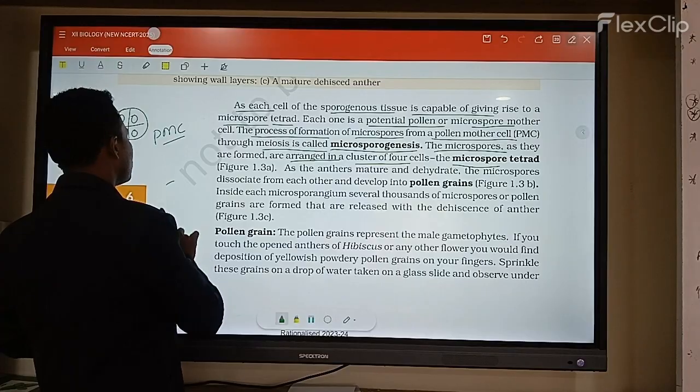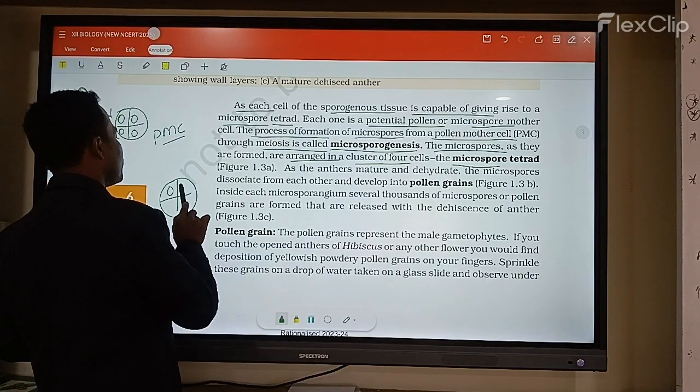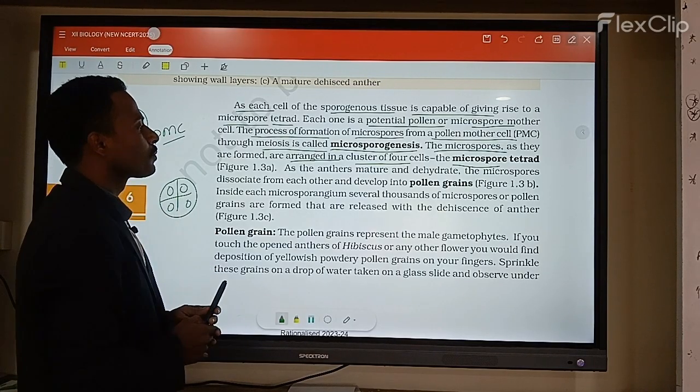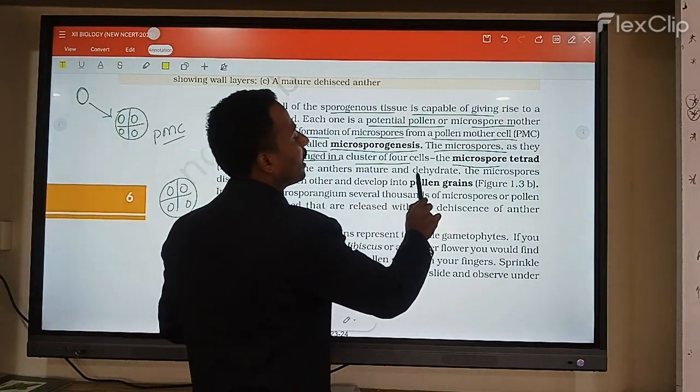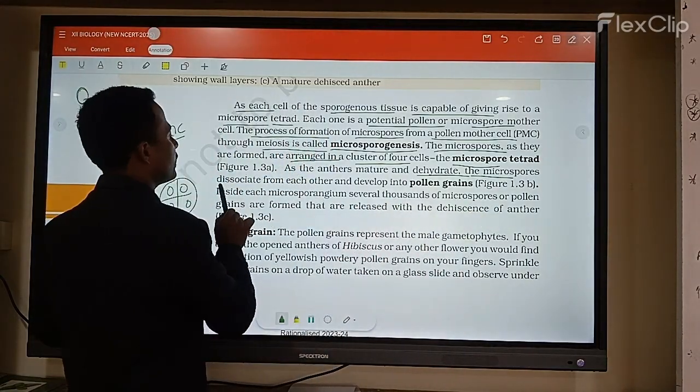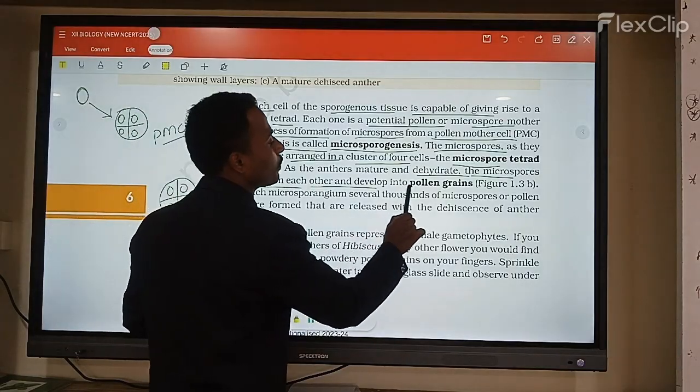When you observe the figure, it appears as complete tetrads. In the anther, the mature microspores dissociate from each other and develop into pollen grains.